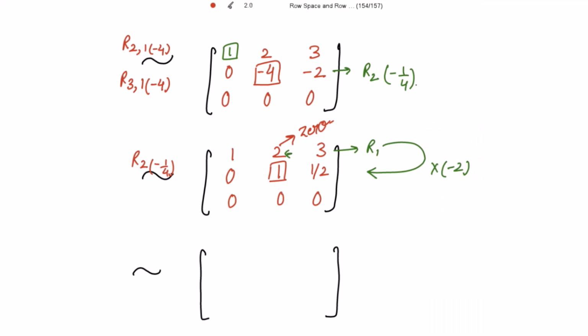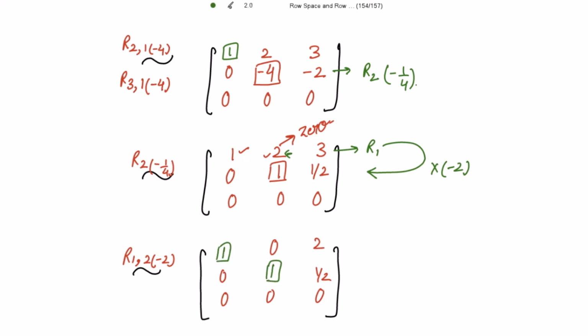Writing the second row as it is and the third row as it is, and now the elements for the first row. 0 is multiplied with minus 2, we get 0, and adding this to 1 we get 1, no change. 1 is multiplied with minus 2, we get minus 2, and adding this to 2 we get 0. 1 half is multiplied with minus 2, we get minus 1, and adding this to 3 we get 2, right? So this also becomes our leading element now.